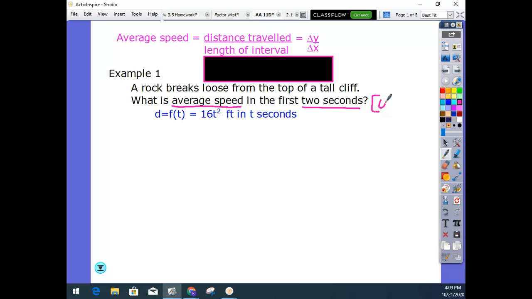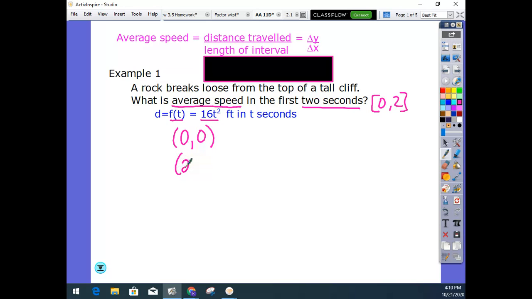So the first 2 seconds mean I'm going from 0 seconds to 2 seconds. So let's figure out at 0, if I plug 0 into the equation that they give me for the function, I get 0. If I plug in 2 to the equation they give me, 2 squared is 4 times 16 is 64. So to find average speed, my distance is a function of time.